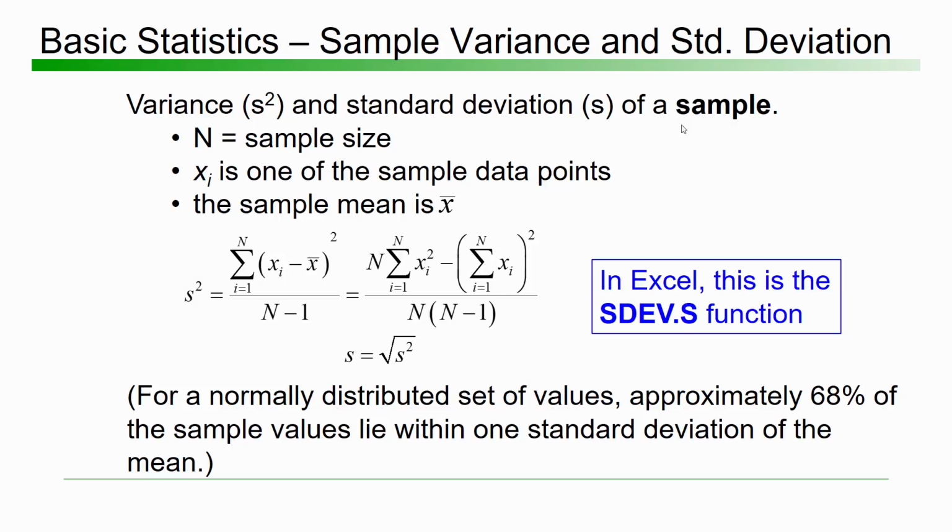Now the formula here is a little bit more complicated because it's including the sample size, and if you have one of the sample data points, you want to measure how far away it is from the mean. So X bar is the mean or the average value, and so you're finding the difference between one person and the average. If we were talking about scores, it would be your score minus the average score.